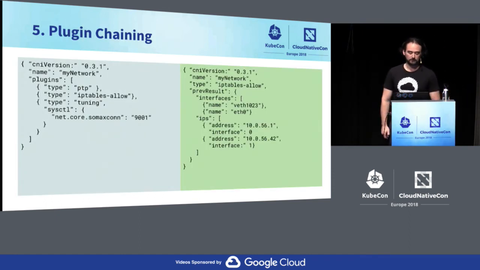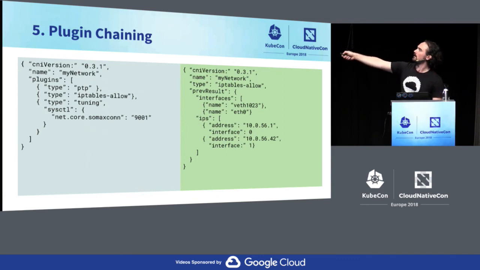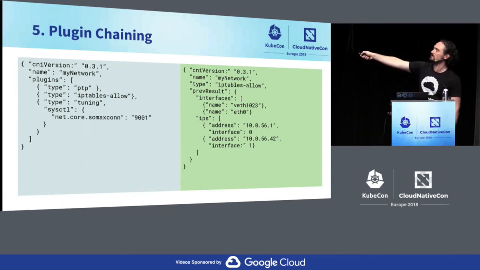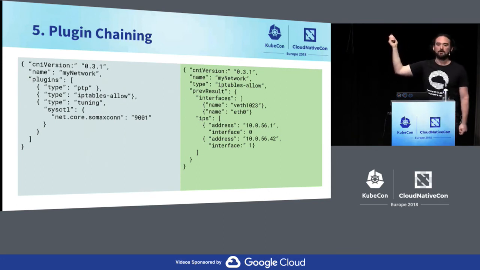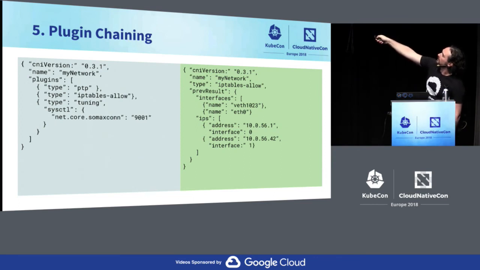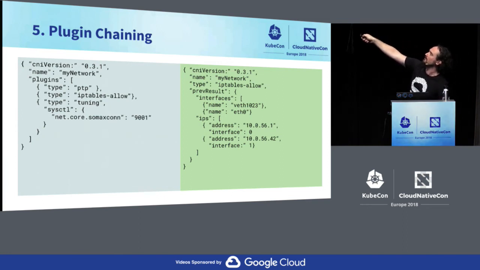This is how it looks. This is the CNI configuration file on disk. And then this in green is what your binary is actually going to see from the kubelet. You can see there, I'm imagining the second plugin that's going to be executed. It executes them in a row from top to bottom. This plugin is called iptables_allow.